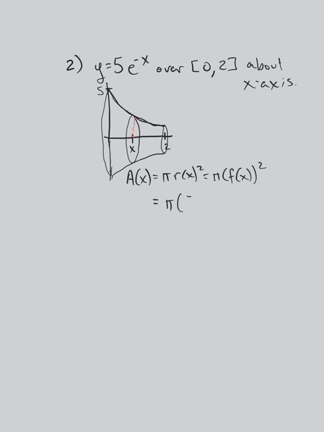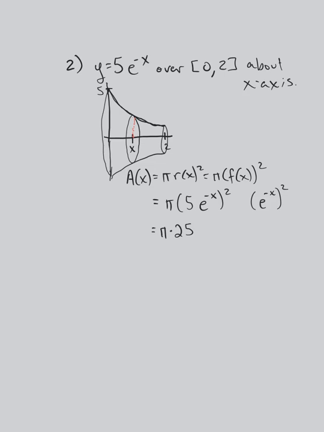Now here's part of it, the reason I did this one. How do we square this? Hopefully you see we square the 5, so we get 25. And now we have e to the negative x squared. This is what I told you a minute ago, but it was misleading because 2 plus 2 also equals 2 times 2.